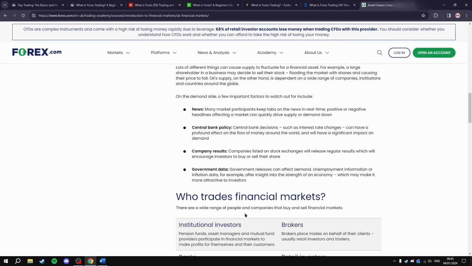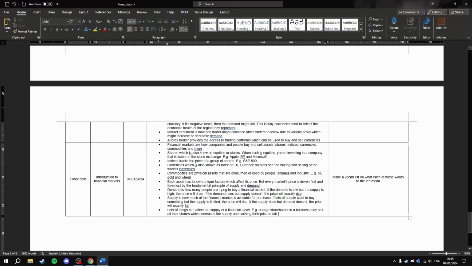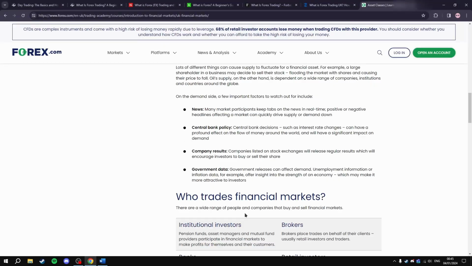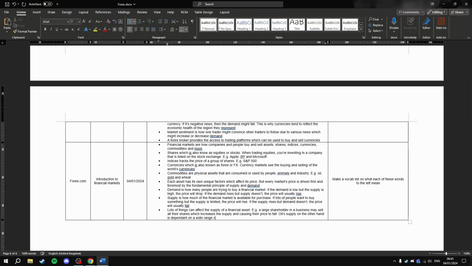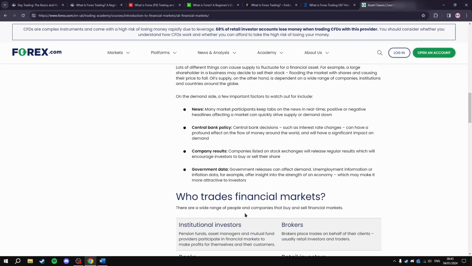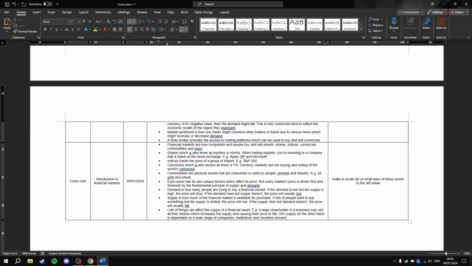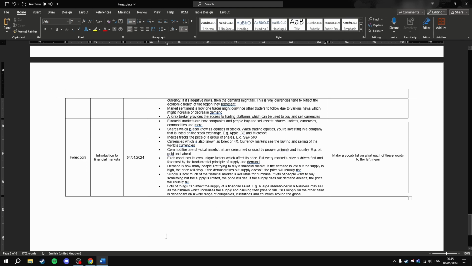Oil supply, on the other hand, is dependent on a wide range of companies, institutions, and countries around the globe. How much oil is available for purchase around the world.